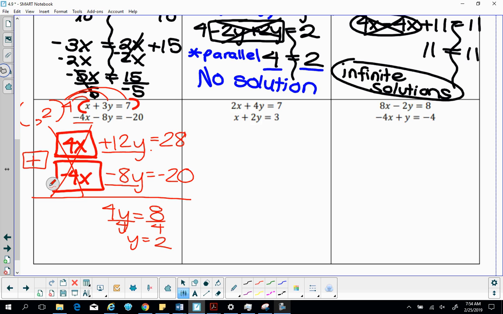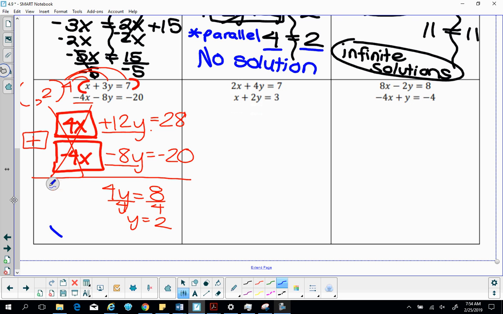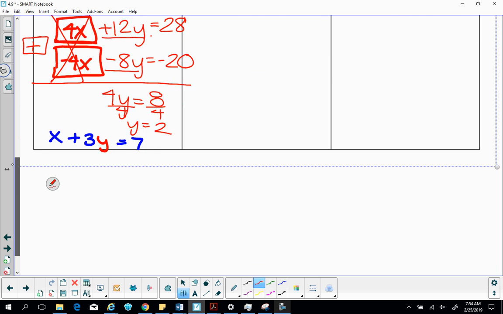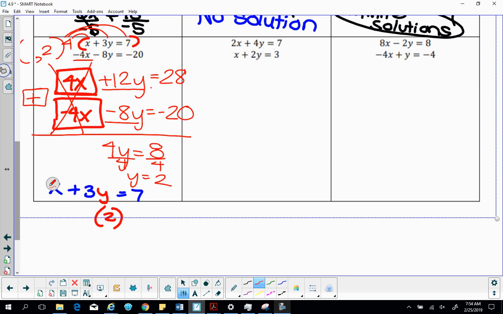To get my x coordinate, Tristan, what do I do? To get my x coordinate, what do I do? Plug it in. So I take either equation. I'm going to take the top one because it looks a little less complicated. So it says x plus 3y equals 7. I know my y is 2, so I'm going to rewrite it with y being 2.